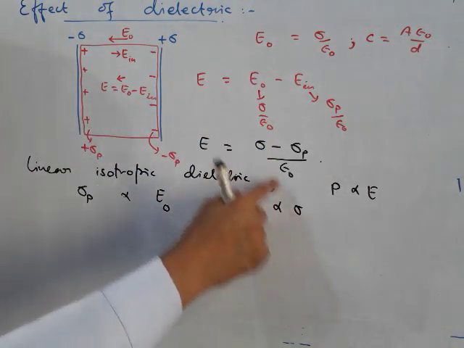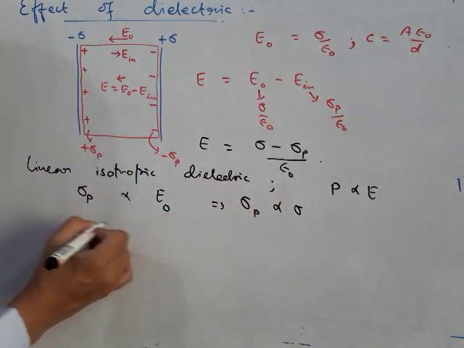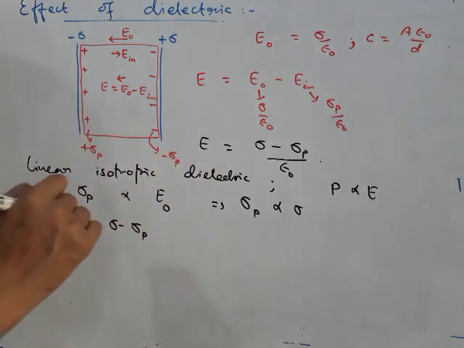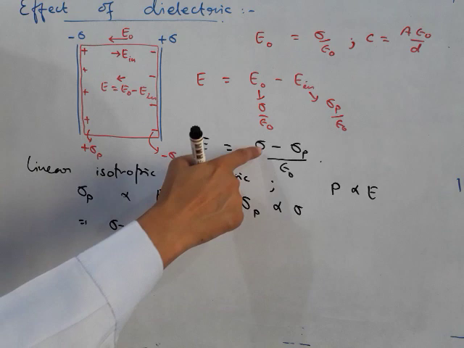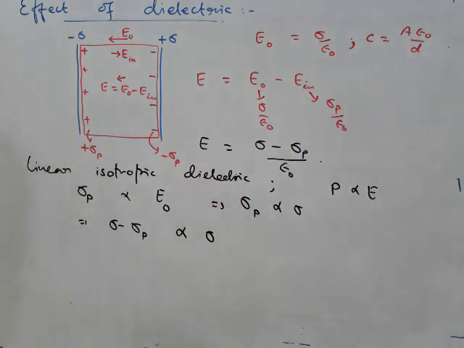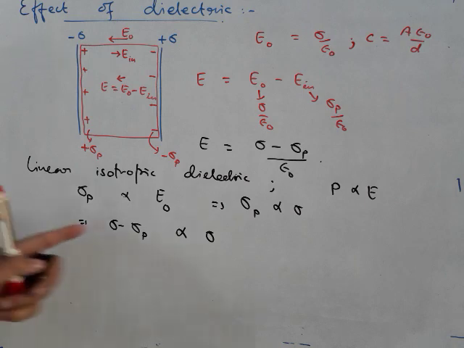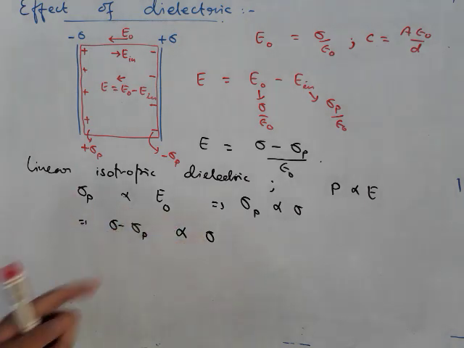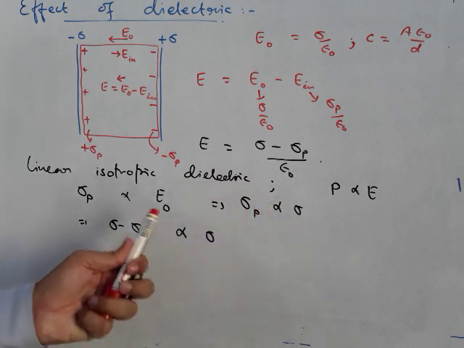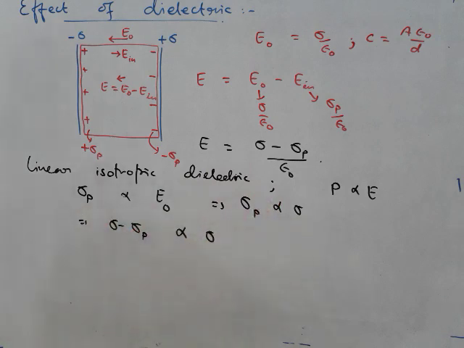If this is true, then sigma minus sigma p, that is this E times epsilon naught, should also be proportional to sigma. Why? This is sigma, no doubt. This is sigma p, and sigma p is directly proportional to sigma. So therefore, their difference will also be proportional to sigma.